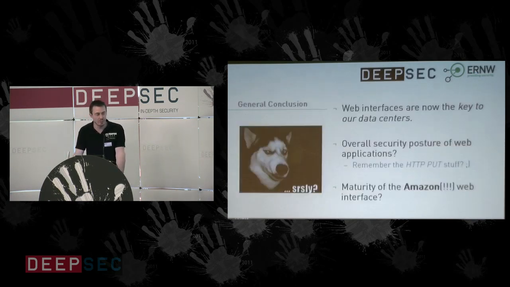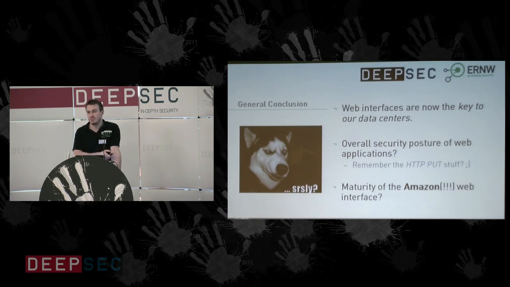I mean, the complexity of the web interfaces is enormous, and basically the web interfaces nowadays are the keys to our data center. If you host a lot of applications at Amazon, the web interfaces are key to our data center. So the overall security posture of web applications is not that good from our point of view. And I'm out of time, so I have to skip this a little bit.